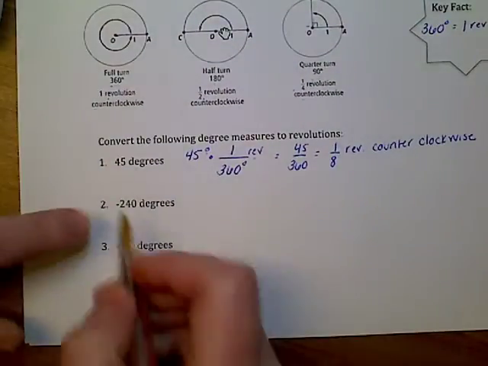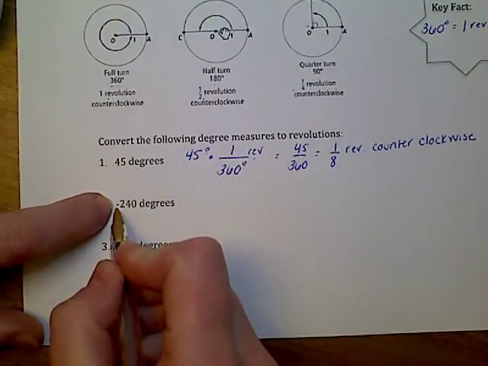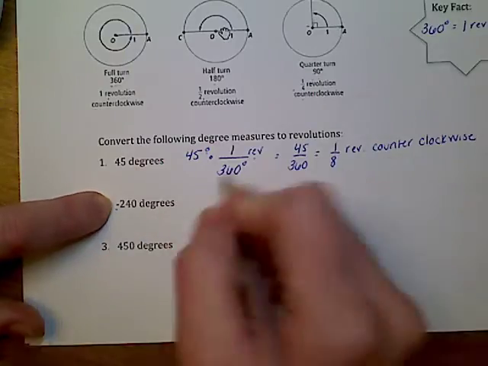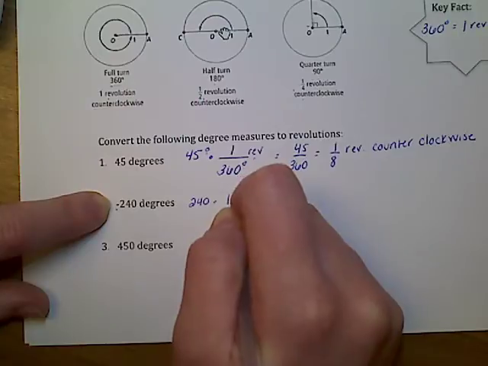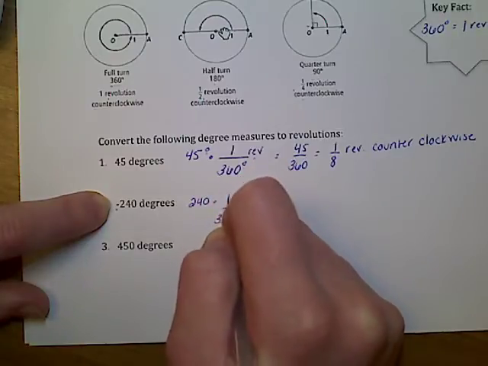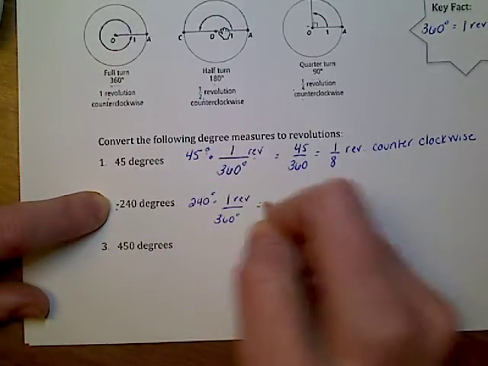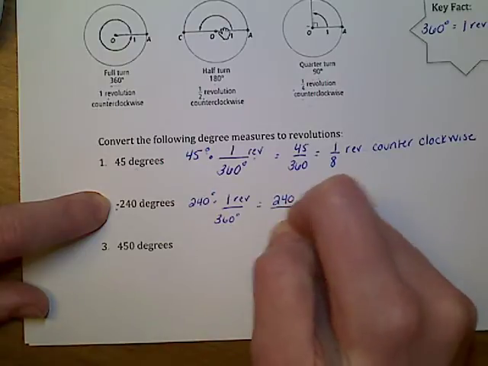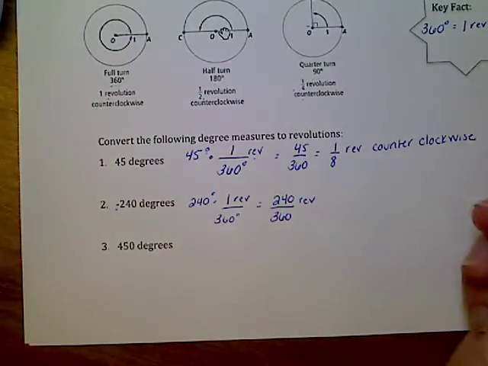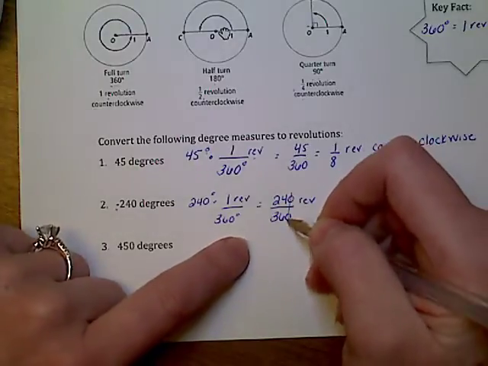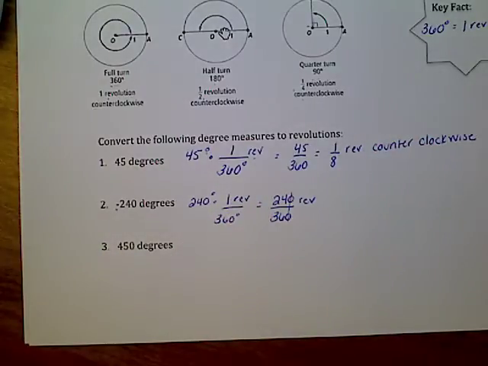Negative 240. I'm going to disregard the negative for a second. Again, 240 times 1 revolution over 360. That's going to be 240 over 360 revolutions. I know it would first reduce to 24 out of 36.